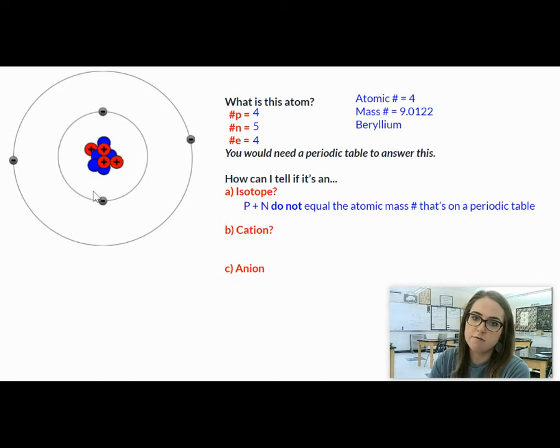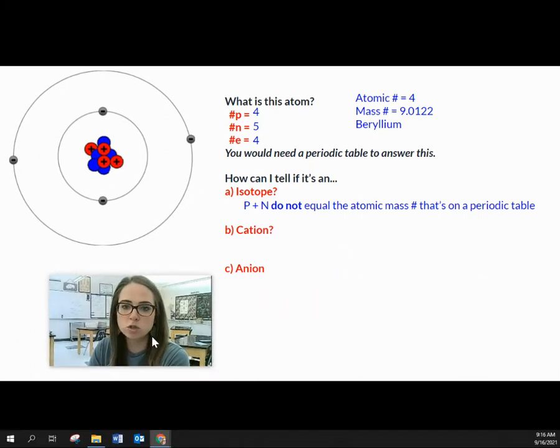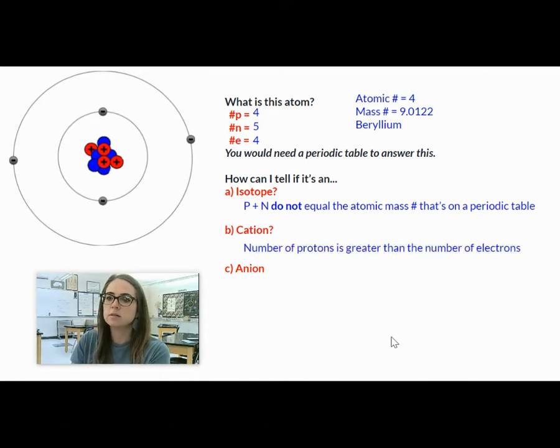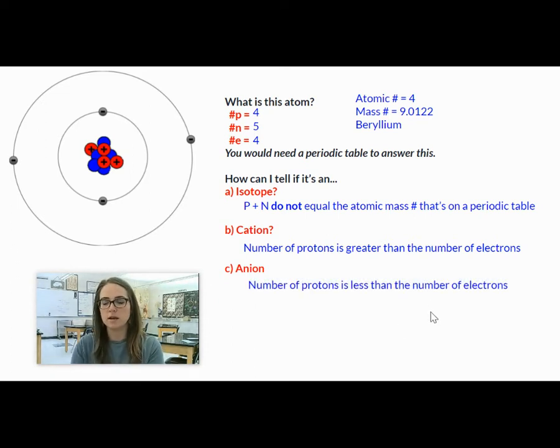In this case, I have 4 electrons, 4 protons, and so there's no charge to this atom. If it was a cation, I would have more protons than electrons, more positives than negatives, to make the overall charge positive. And I would know it's an anion if the opposite was true, and the number of protons was less than the number of electrons, so more negatives than positives.